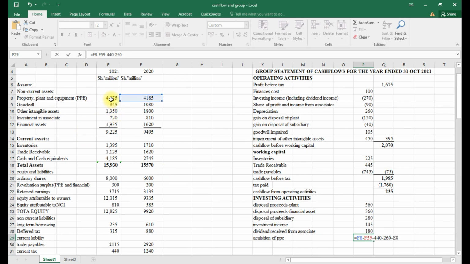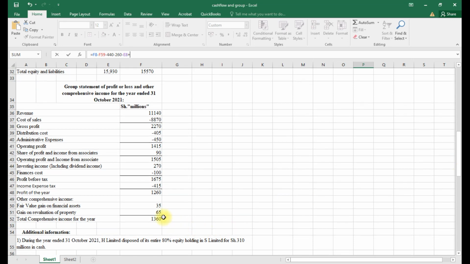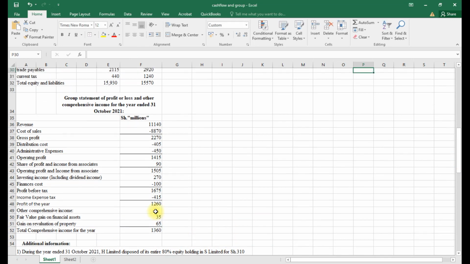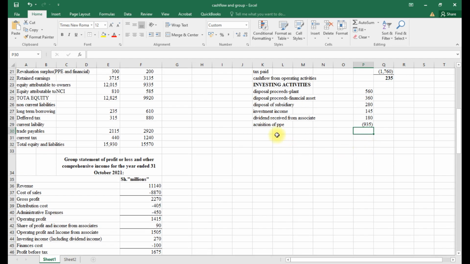Our end balance was this value. Now we had revaluation, we shall add revaluation now. I think we had a revaluation of 65 here. We add revaluation, we'll get that we have a value of 935, as our acquisition of PPE.